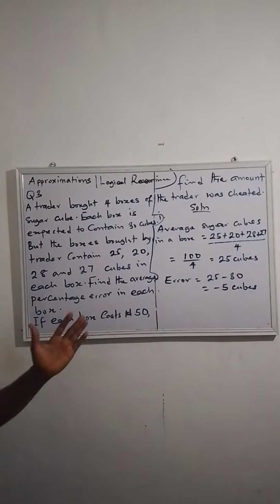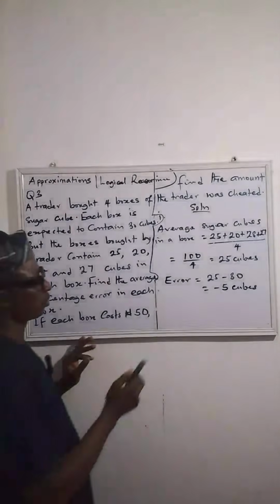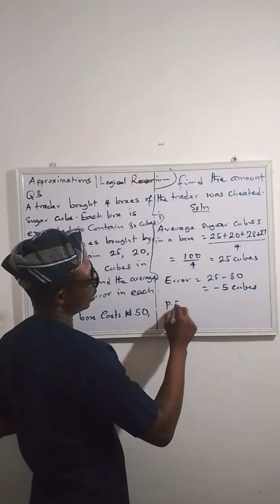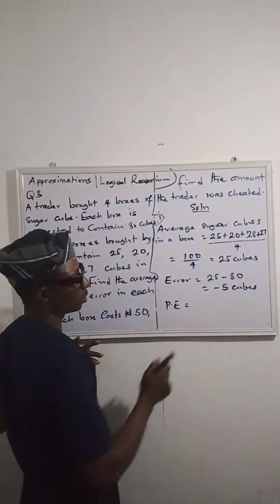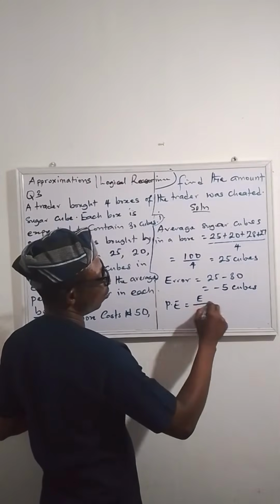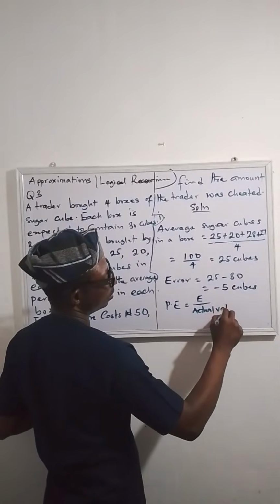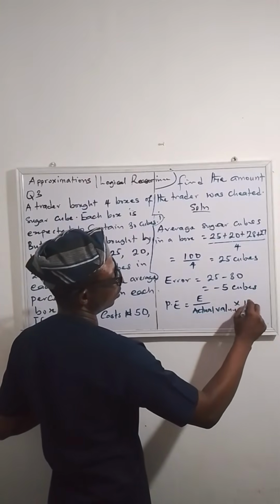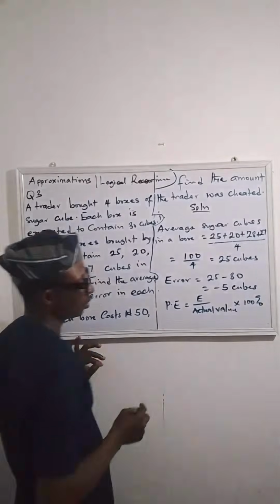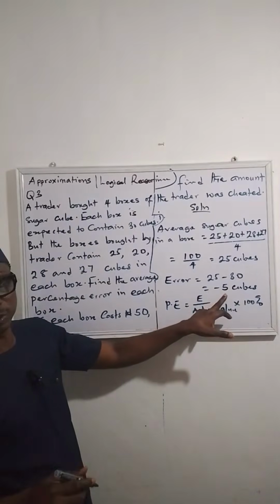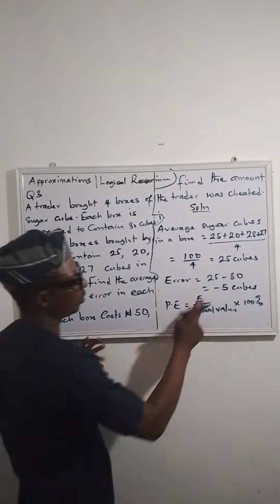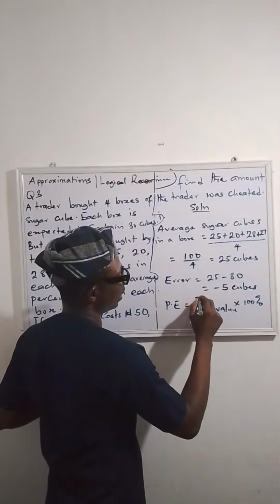All right, so now to get the percentage error, so percentage error is what? We have error over actual value times 100%. So that means in place of this error, we put -5.